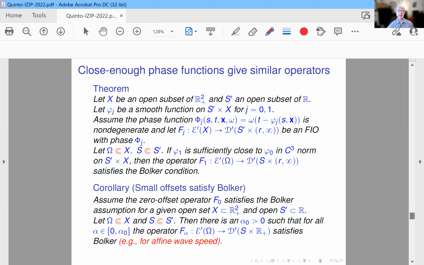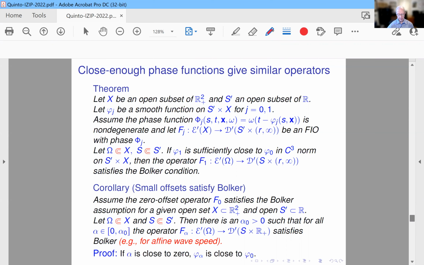And so the point is, this answers our conjecture, at least for small positive wave speeds, because F0 for affine wave speed we showed satisfies Volcker. And therefore, for small positive offset, it does too by this corollary.